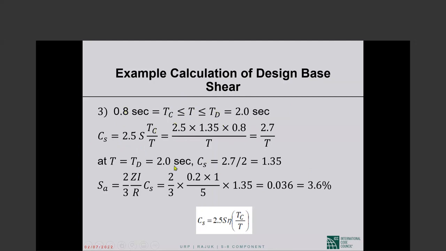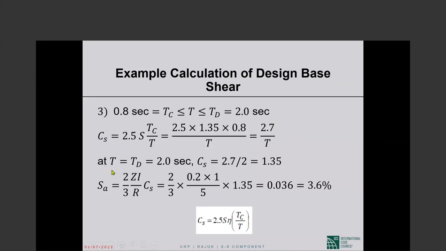T sub D is 2 seconds. So C sub S from this equation, taking eta equal to 1, is 2.5 times the soil factor times T sub C divided by T. 2.5, soil factor is 1.35, T sub C is 0.8, divided by T. That comes to 2.7 divided by T.